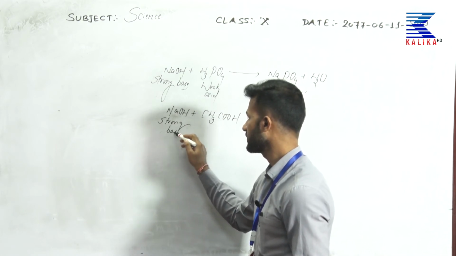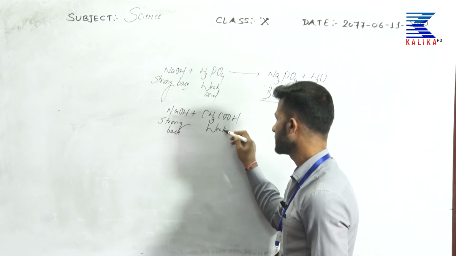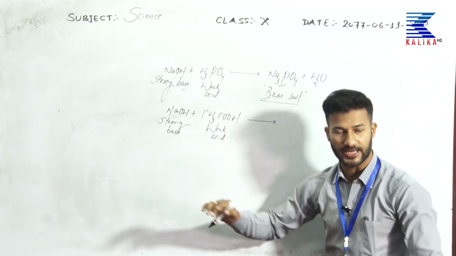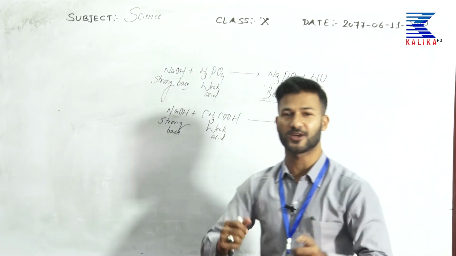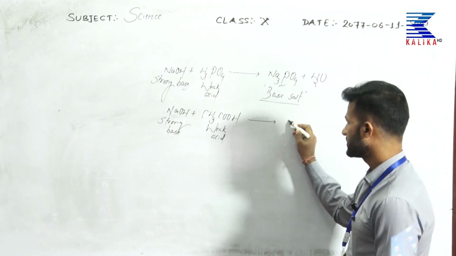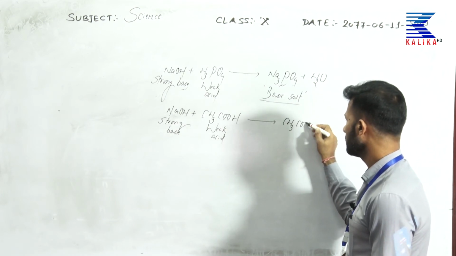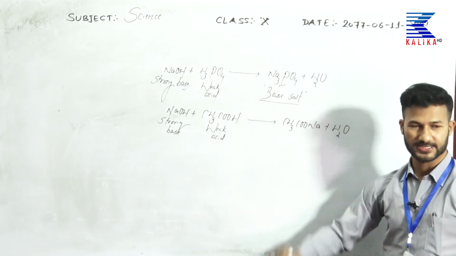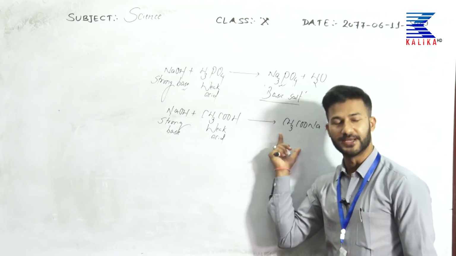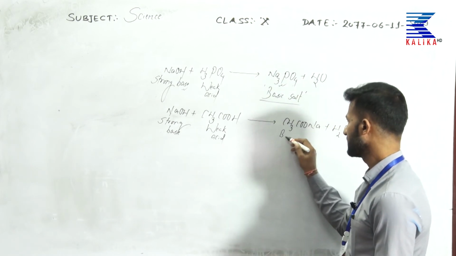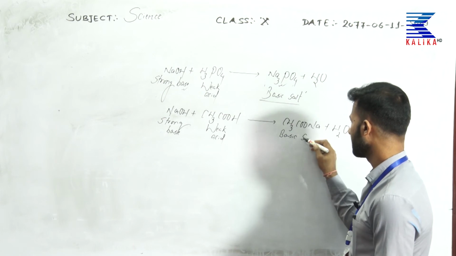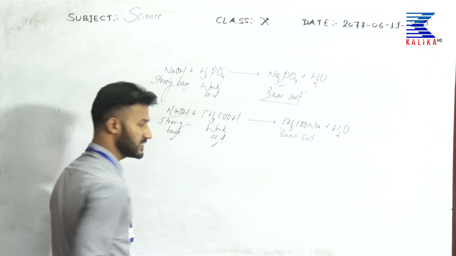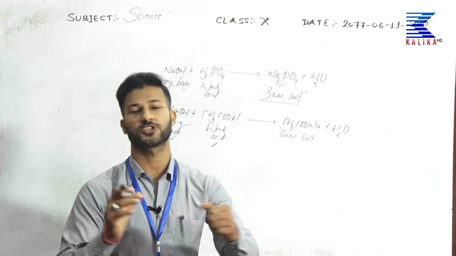Whenever strong base and weak acid are reacted together, it forms a basic salt, that is CH3COONa plus H2O. This is basic salt because it shows basic property.